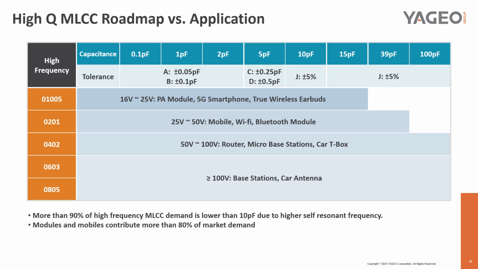If we move up a size to the 0201s, we look at more mobile phones, Wi-Fi, and Bluetooth modules. When we move to the 0402s, we're also stepping up in voltage as we go along. But at the 0402 level, we're looking at routers, micro base stations, and car T-boxes. And then above that, we're looking at base stations and car antennas.